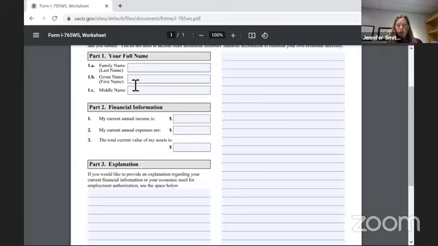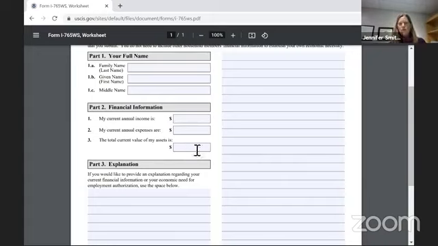Necesita poner su información de su nombre verdadero, legal, completo, y después información sobre sus ingresos por cada año, los gastos para un año, y si tiene cosas con valor, like assets, which is like, a house or a car, if you have something like that. The numbers don't really matter. You just need to fill out the form.